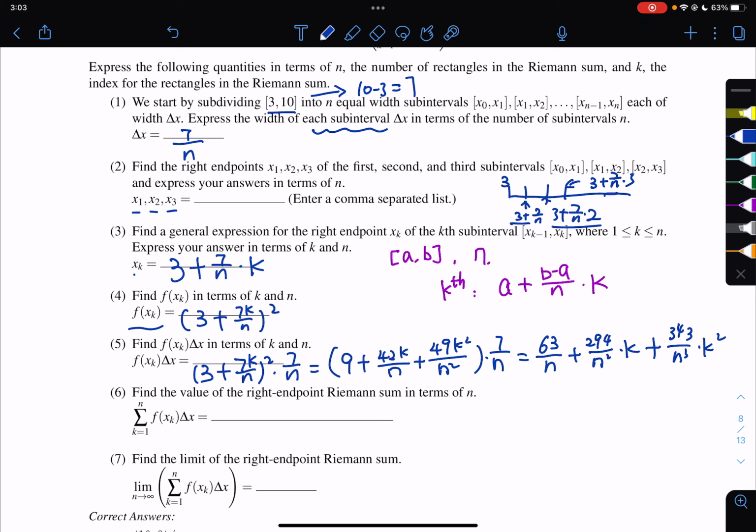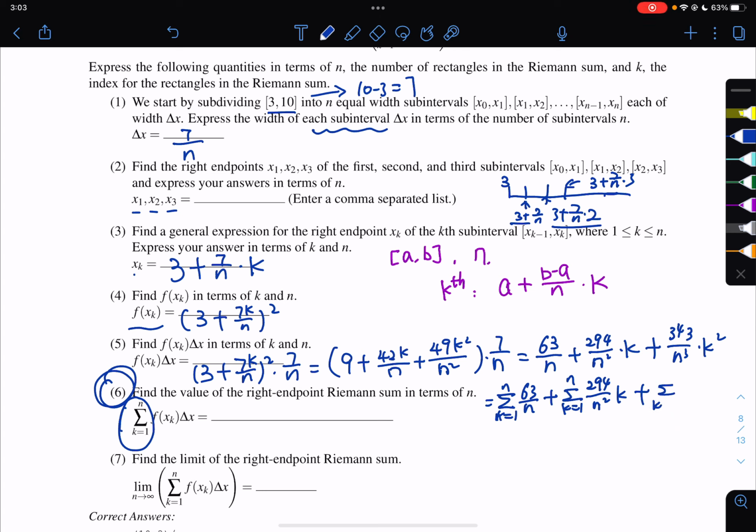When I do sigma summation of this, I'm going to have sigma of 63 over n, where k goes from 1 to n. I'm told to add all the variations of k together, so it's 294 over n squared k, and then 343 over n cubed k squared.